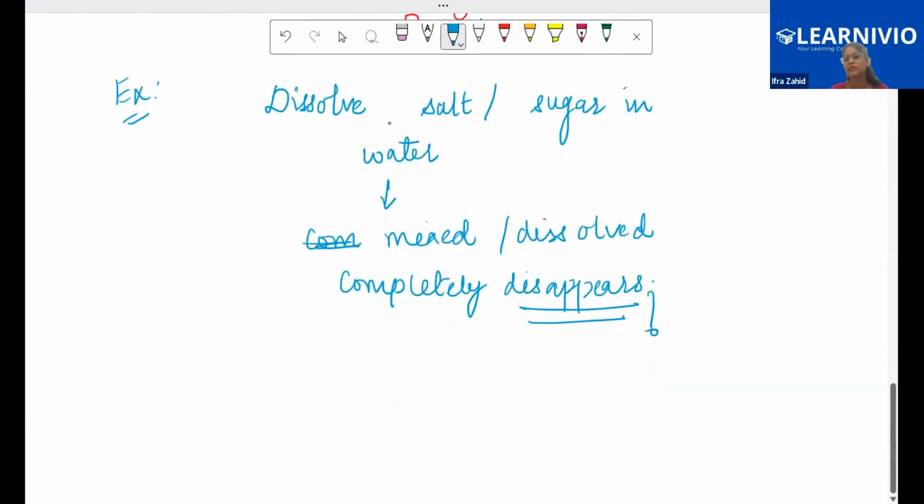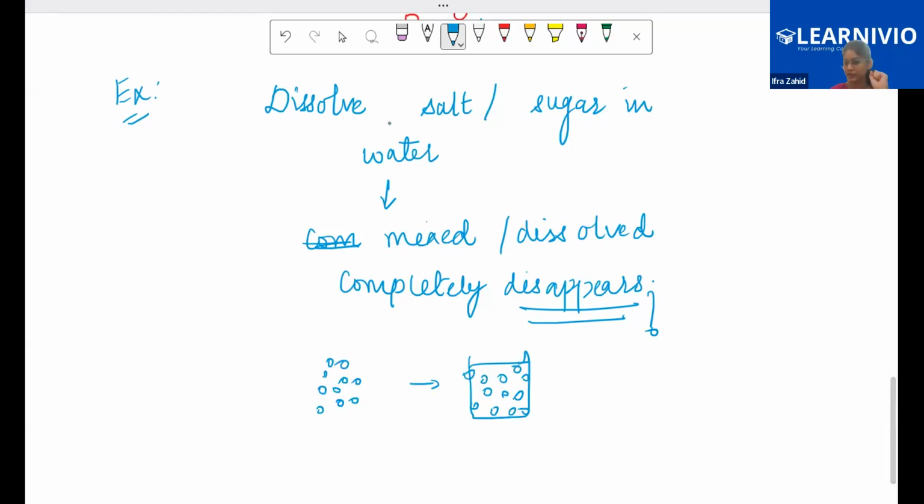The particles of salt or sugar which is dissolved in water gets mixed with the water particles. That is correct. But where are they disappearing? How is this mixing taking place? See, what happens? We have salt particles. When you dissolve it in water, how are water particles placed?